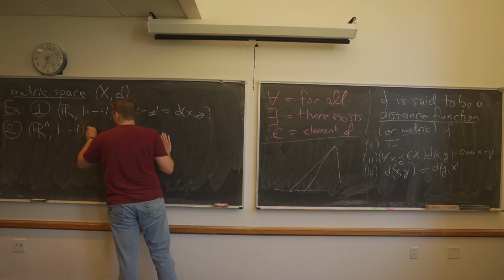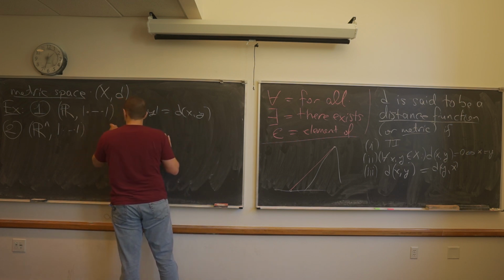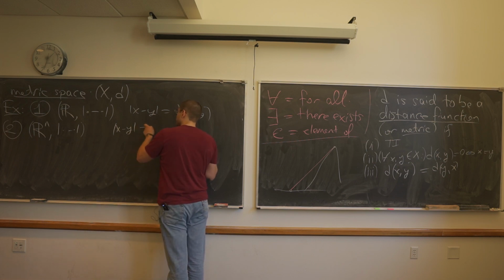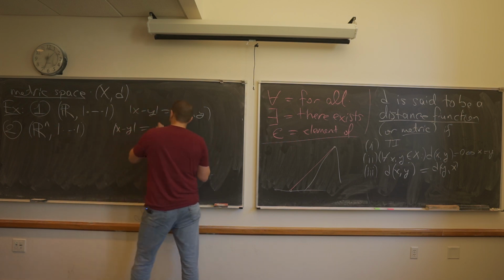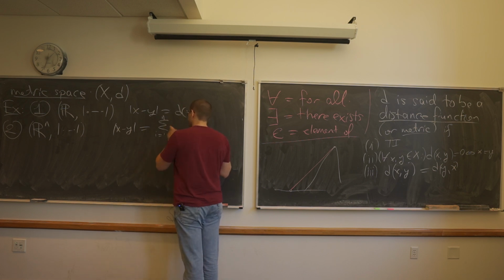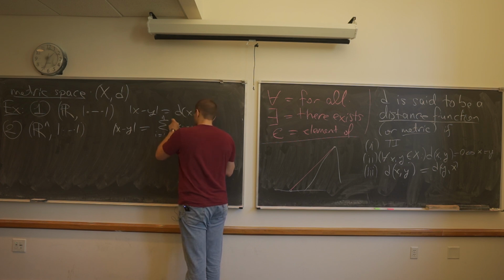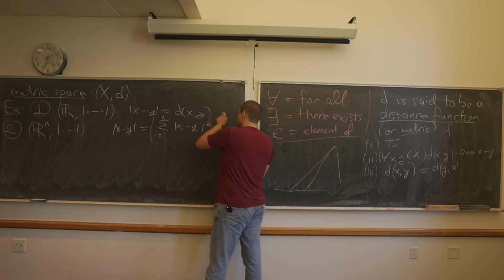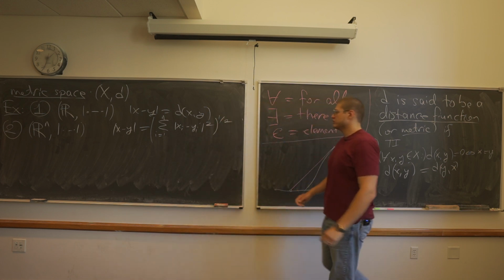And here, x minus y in norm, because we're in Rn now. So these are vectors really. This is the sum of all entries, xi minus yi in absolute value squared, and then to the power 1 over 2.